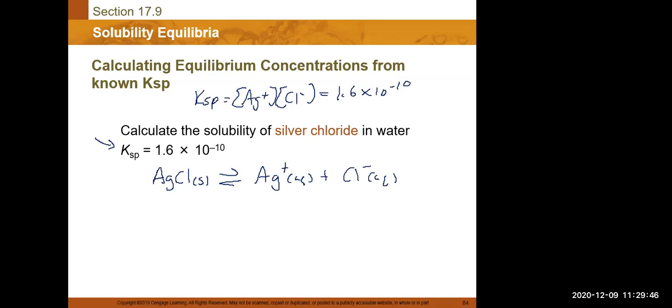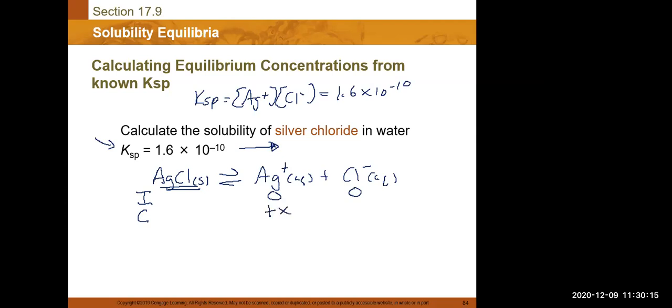So in a case where you're just given the K value and maybe initial concentrations or no concentrations, you usually do have to do an ice table. So we'll show you again how that looks. We're going to do our initial. Again, we're not going to deal with anything here because it's a solid. We're going to assume that we're starting with 0 of each of these. We're also going to probably safely assume that this reaction is going to head to the product side, which means my reactants will be minuses and my products would be pluses.